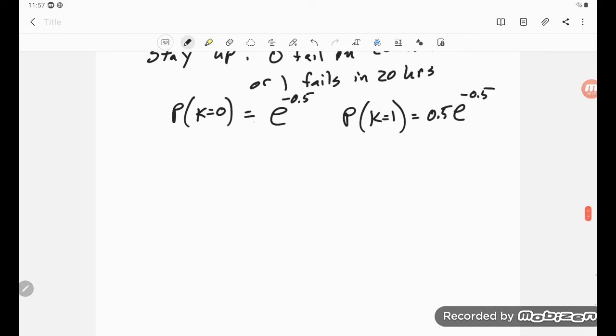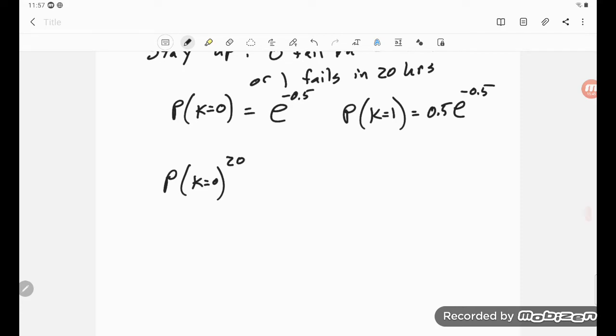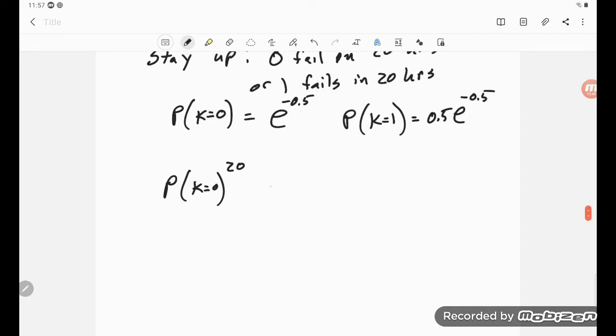What we need is the probability that k equals 0 to the 20th, because we need 20 straight hours where nothing went down, plus, and this is why I was thinking binomial, 20 choose 19.